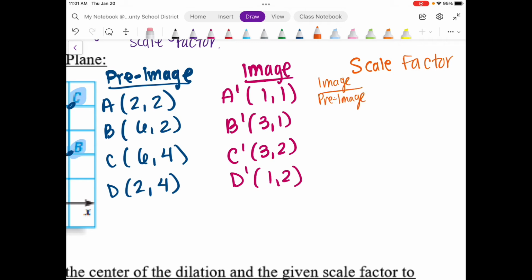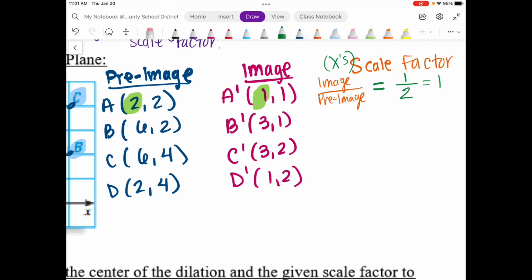And just pick a value. Pick an x or pick a y. Doesn't matter. I'm just going to go with my x's. So for A, the x value is 1, and it was 2. So my image goes on top, and then my denominator is going to be my pre-image, which is 2.